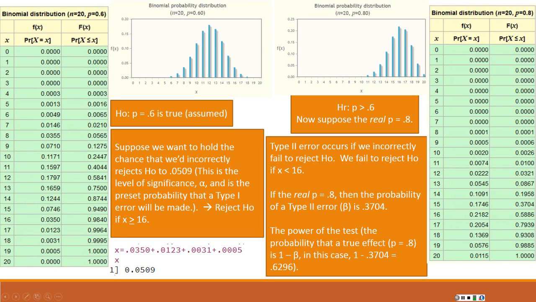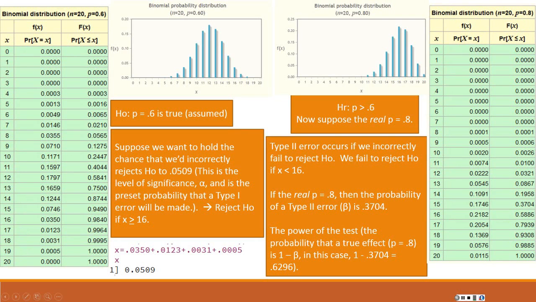When I go through the hypothesis testing procedure, I'm going to pick 20 items, and put this in the context of the 60% of shoppers who have gone to the new Walmart market. Again, H0 is no effect, P is equal to 0.6, so we have this probability distribution here.